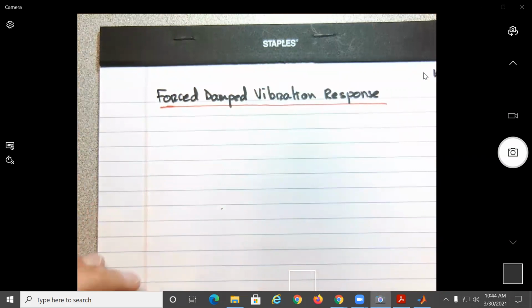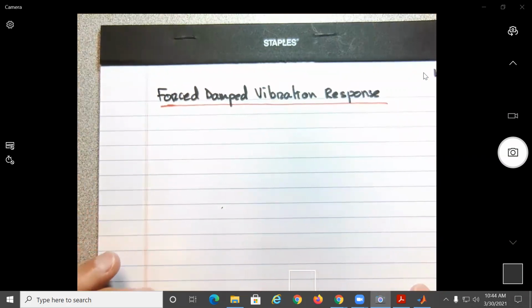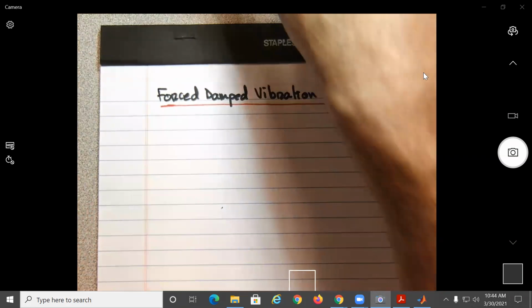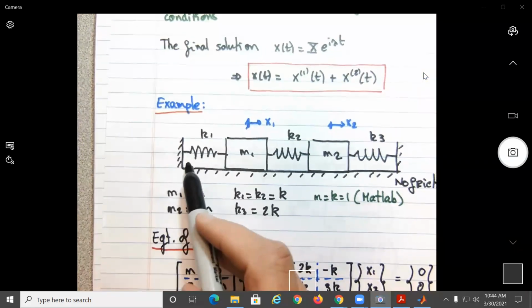Okay. So in this case, it's the same figure as before. I'm not going to redo it, but you will have a damper, no?